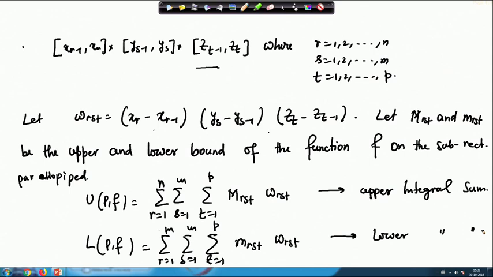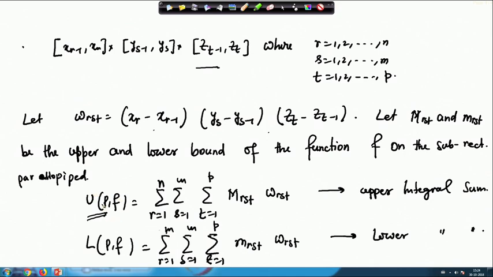Now, as for the function of one variable or function of two variables, the infimum of all such upper integral sums for all the partitions is called the upper integral.